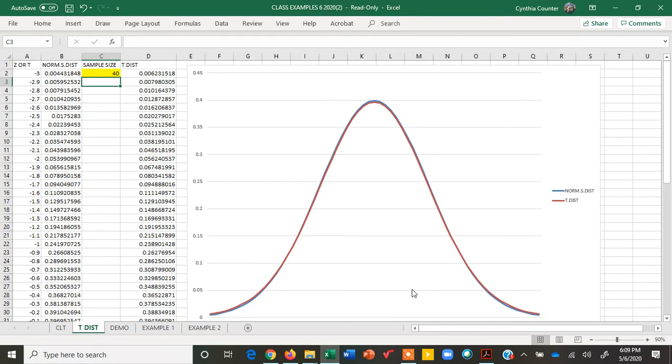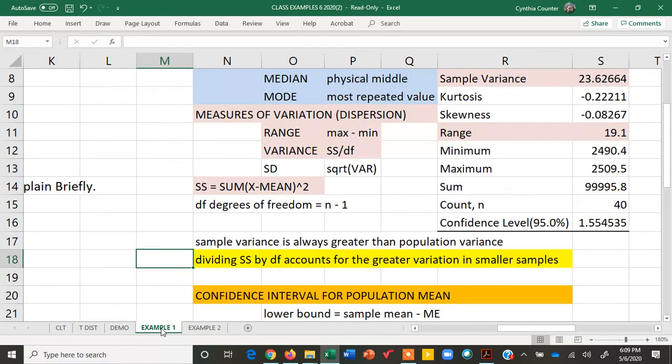All right, so for different sample sizes, because there's more variation in smaller sample sizes, this t-distribution is affected by your sample size. Well, we want to carry that over into our sample variance, our measure of the variation in our sample. So to take care of that, we actually divide by the degrees of freedom, n-1. Not a big difference.